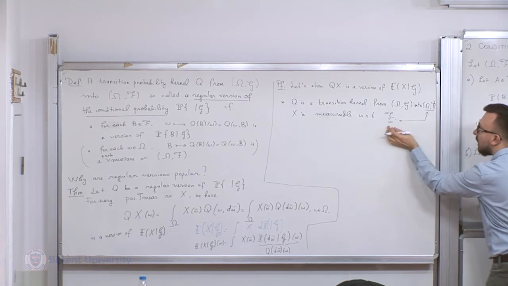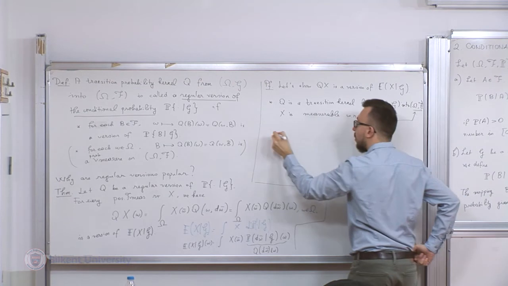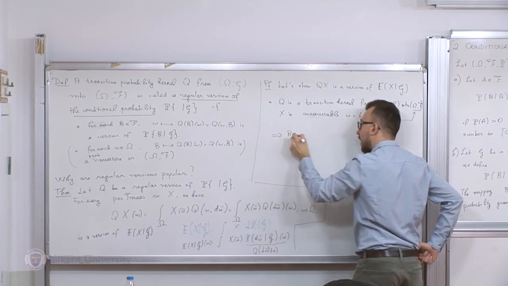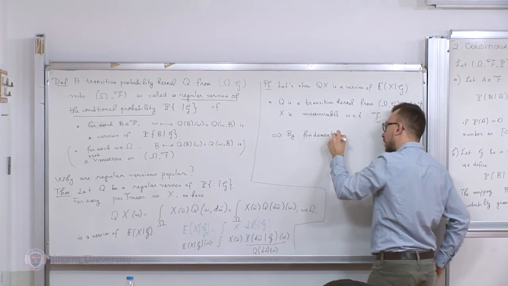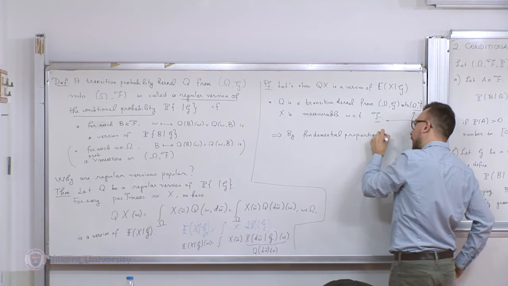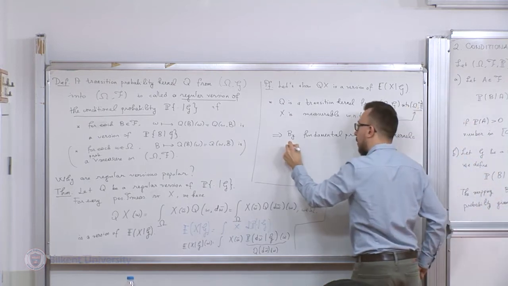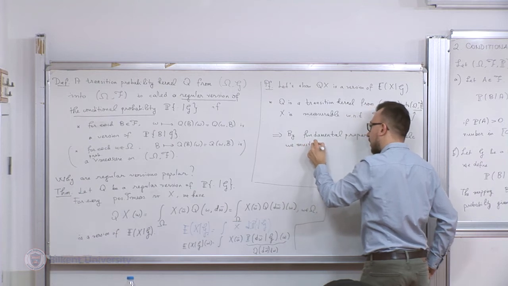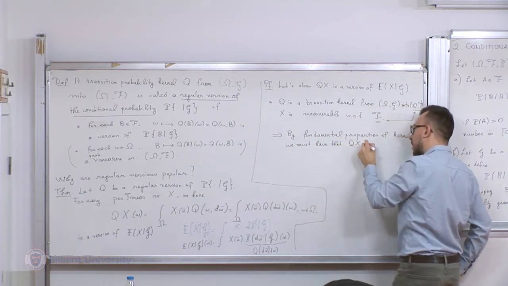When we integrate X with respect to Q, we get something that is G measurable. So by fundamental properties of kernels, we must have that Qx is G measurable.